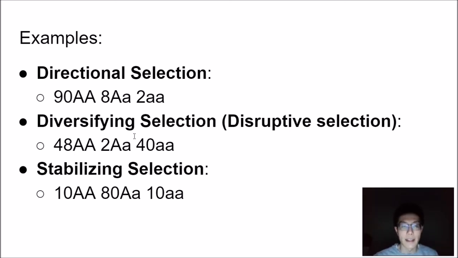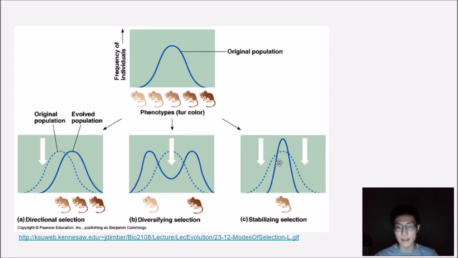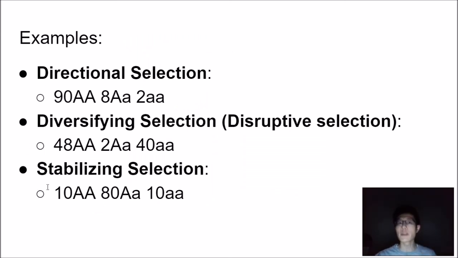So it's selecting against the mean for the extremes, and you should be able to see why this is a disruptive or diversifying selection situation. And finally, we have stabilizing selection, which is just choosing the mean. So favoring the mean, that's this over here. You should see over time an increase in the number of individuals that show the mean characteristic or trait, and a decline in individuals that show the more extreme characteristics.